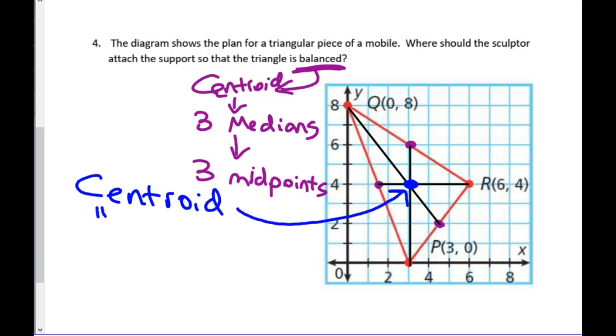That's where it will balance. And who can tell me what are the coordinates of that point? So 3, 4. That's the answer. I need the coordinate of that centroid. Okay, that's it for that one.